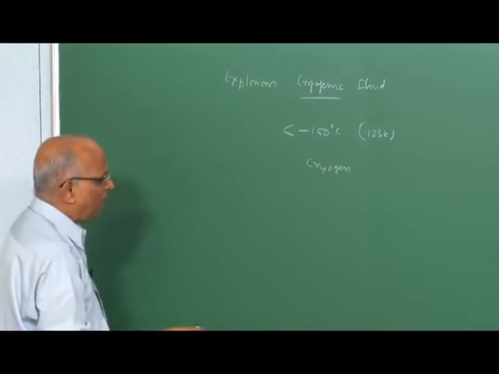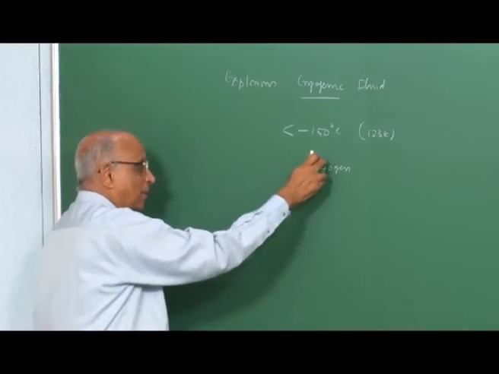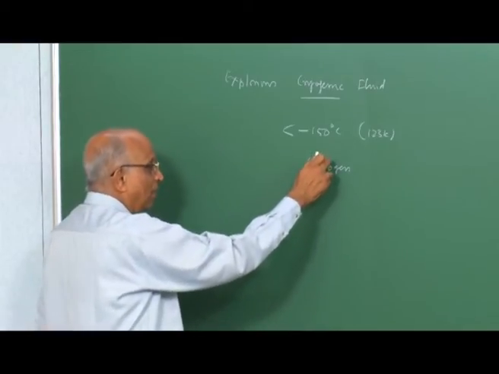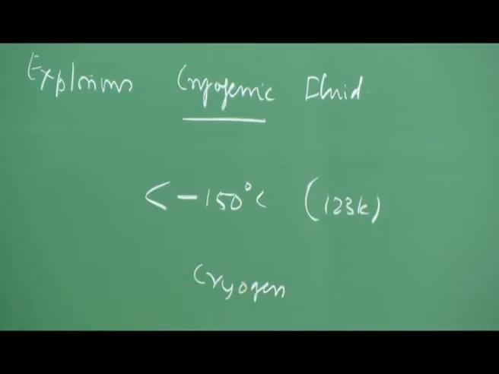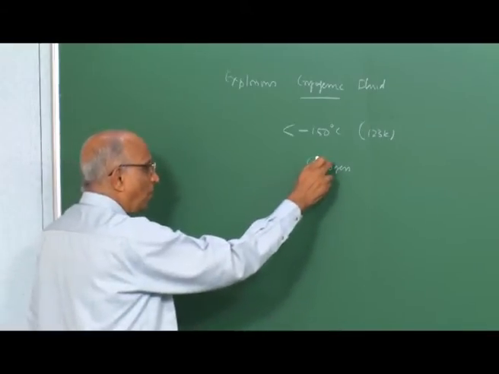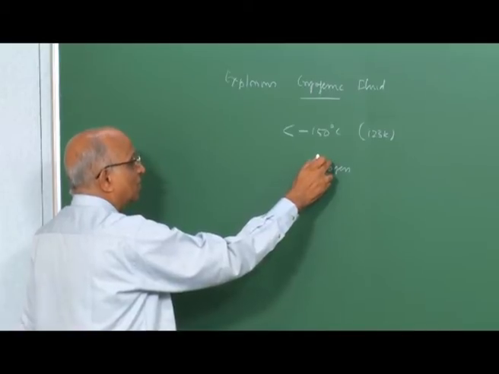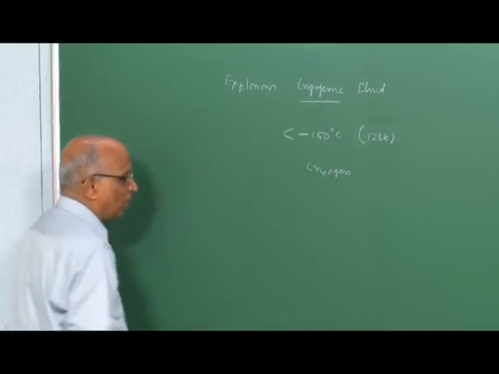We find these cryogens are important not only as a fuel, like hydrogen is a fuel, maybe LNG is a fuel. It is also used for several other applications, and in the industry these cryogens are used. And we would like to understand what are the types of explosions which take place when they are kept in a storage vessel.